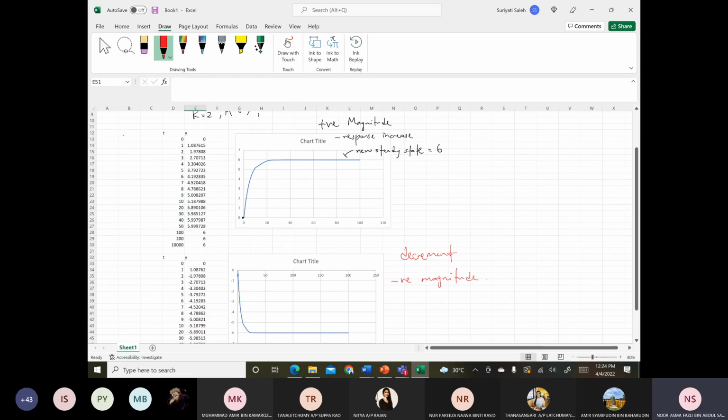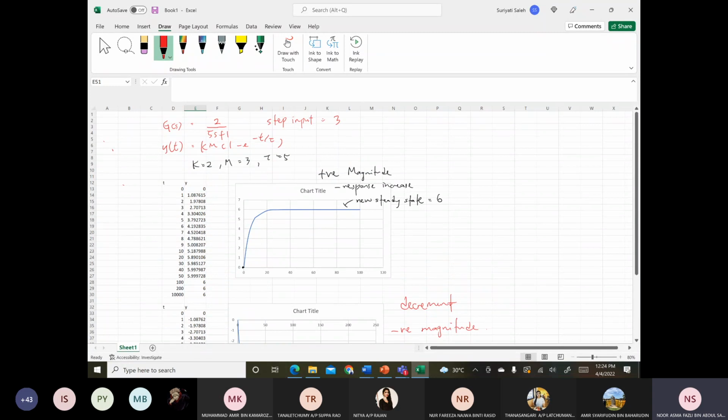So in this case, what we can see is the magnitude influences whether your process is increased or decreased. So since we have the K over tau S plus 1, in this case, you have two coefficients, which are two parameters, which are the process gain and the time constant.